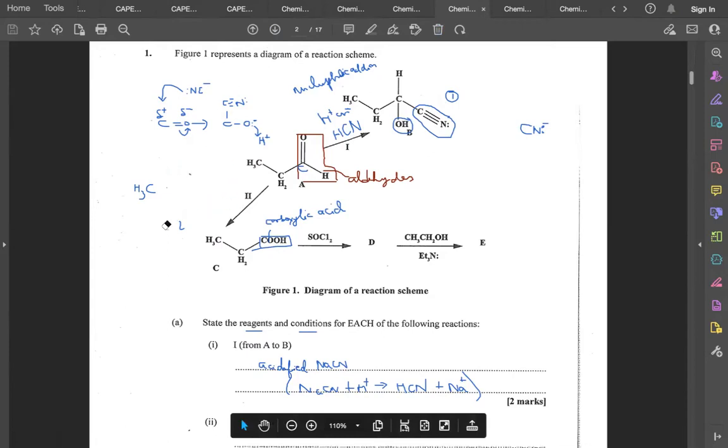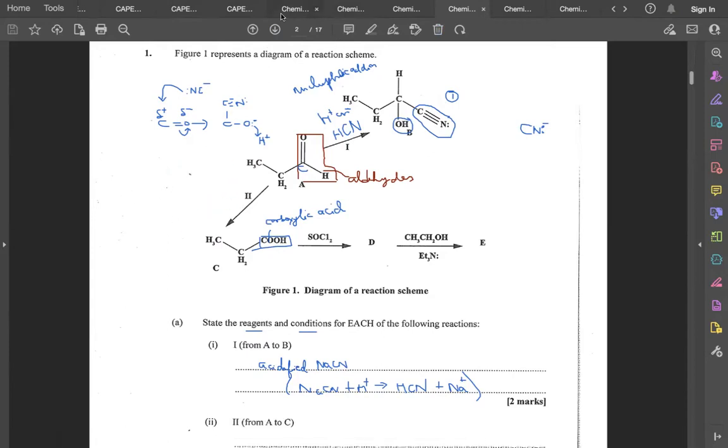And then I'm going to write that for this transition, we need acidified KMnO4 or dichromate, K2Cr2O7, right? So that's potassium permanganate, potassium dichromate.